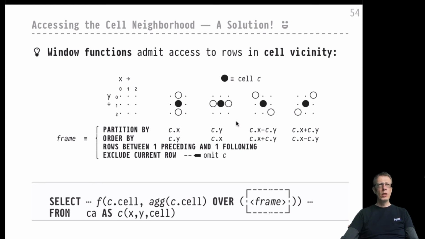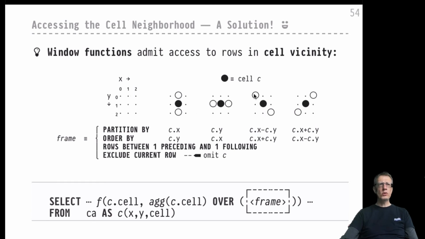We could even define diagonal neighborhoods by using this expression here as a partitioning criterion. If you look at the xy coordinates, again, they are reproduced on the left-hand side here.